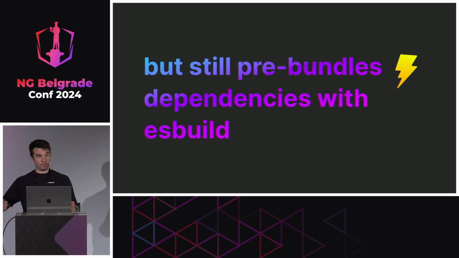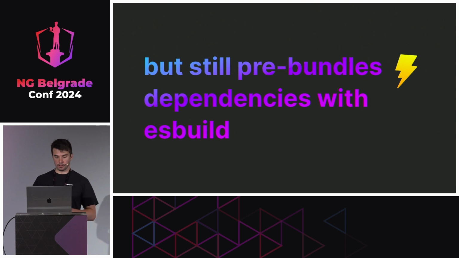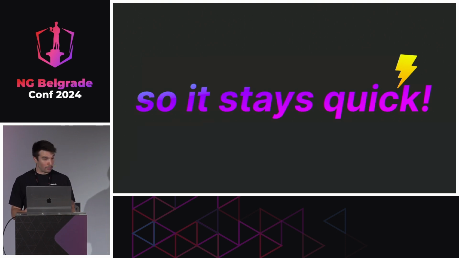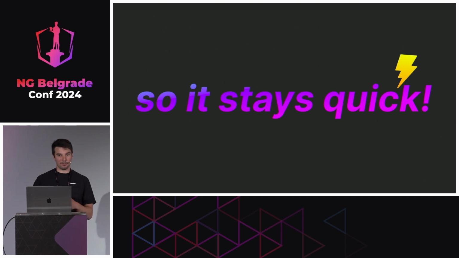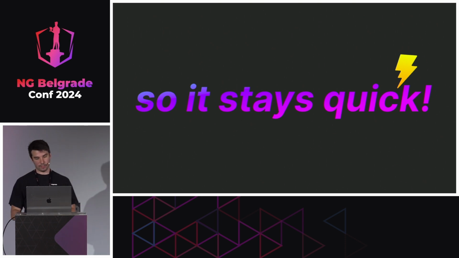So you have the pre-bundling for dependencies, which takes some work off the browser, and then for your source code, the browser is doing most of the lifting. So it stays quick, right? Even as your applications grow. And that, I think, is one of the main reasons why the Angular team also went with Vite for their new dev server.